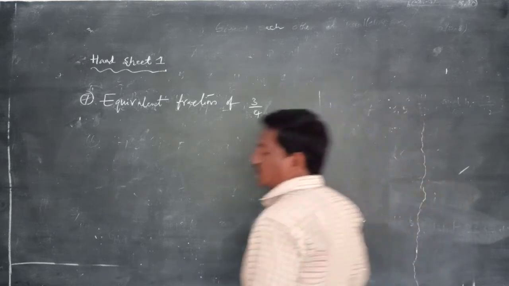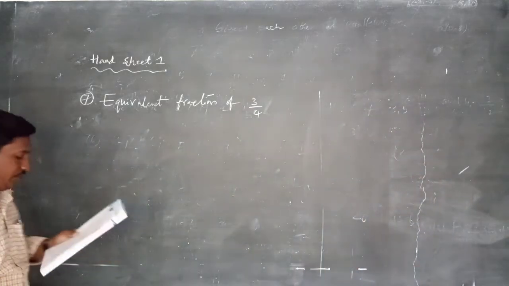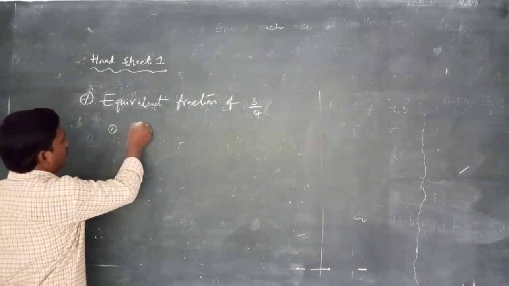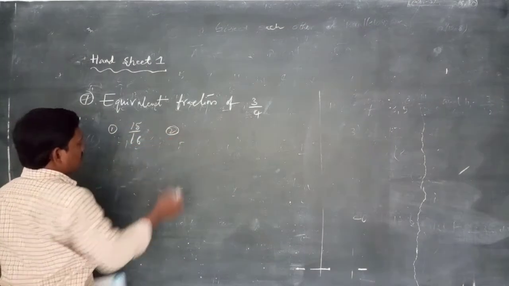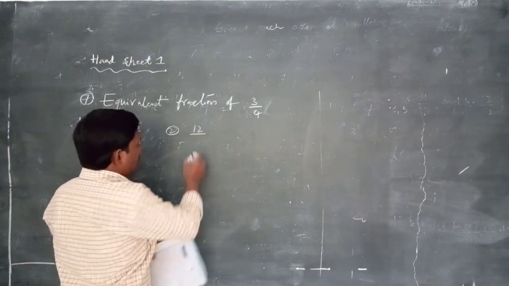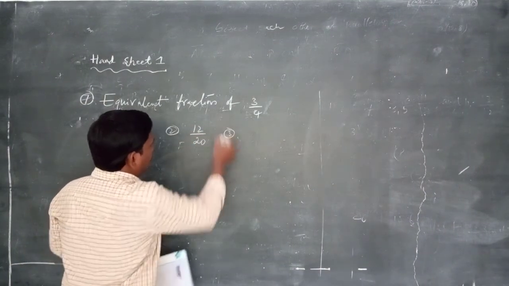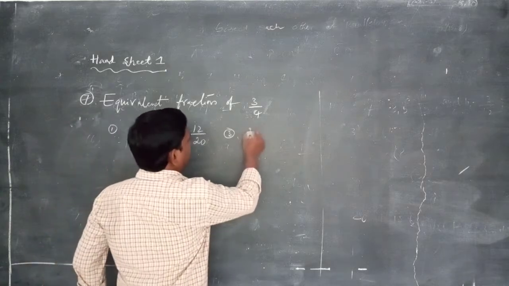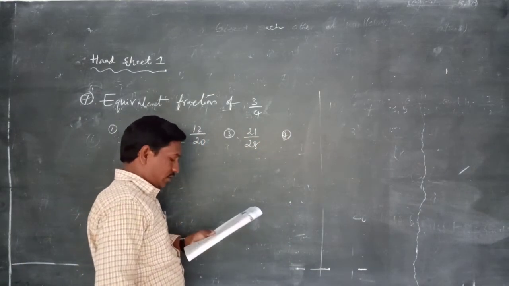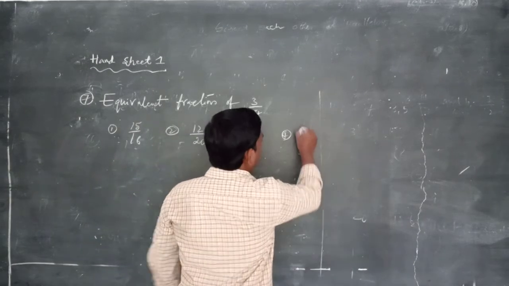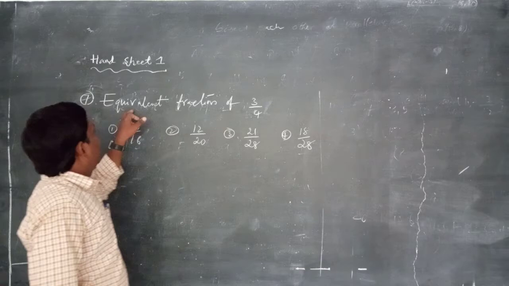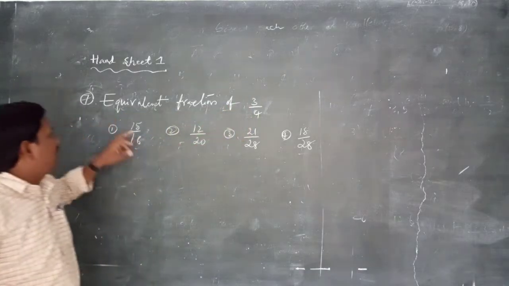So what options are given here? First option, 15 by 16. Second option, 12 by 20. Third option, 21 by 28. Fourth option, 18 by 28. Okay. The equivalent fraction of 3 by 4.